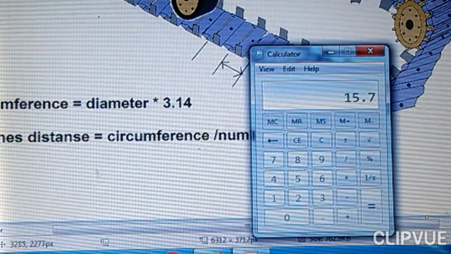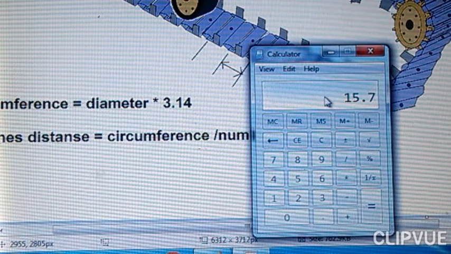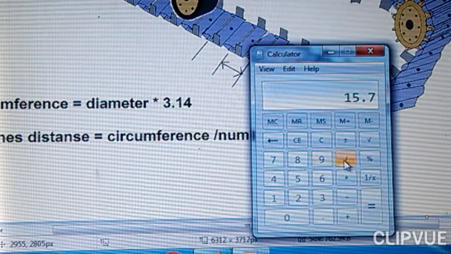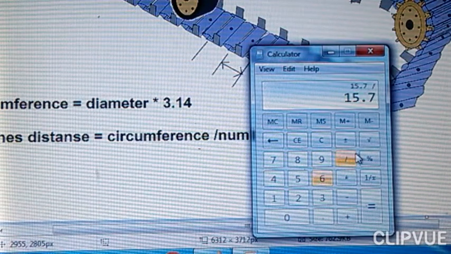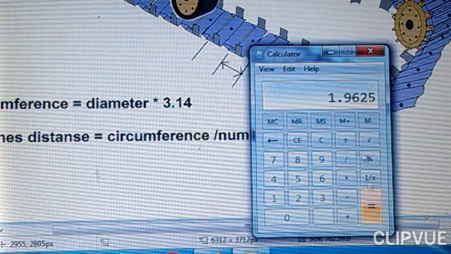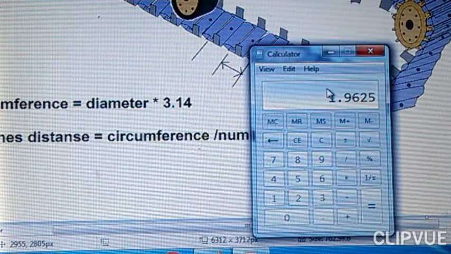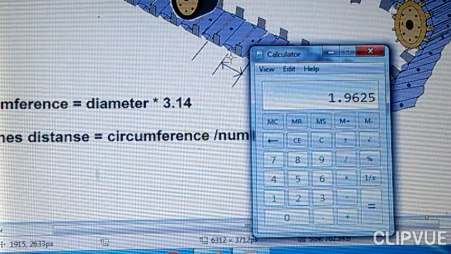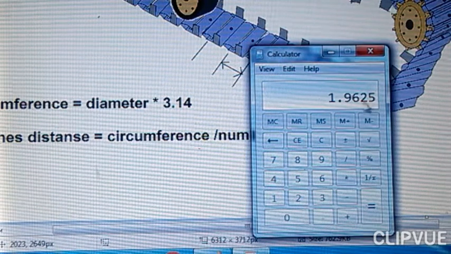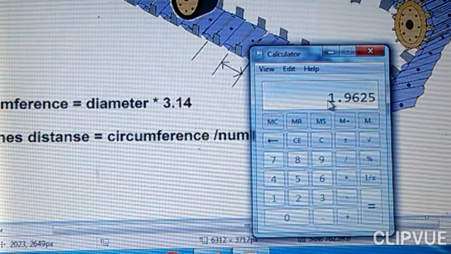If you have 8 teeth in your driver gear, then you should divide the circumference by the number of teeth, which is 8. You will get the distance between each two adjacent notches, which in this case would be 1.962 centimeters.